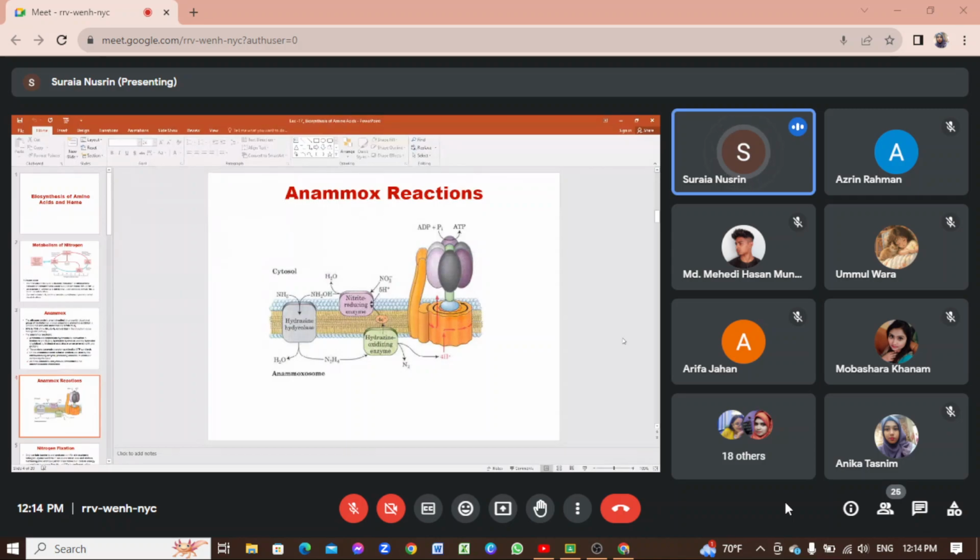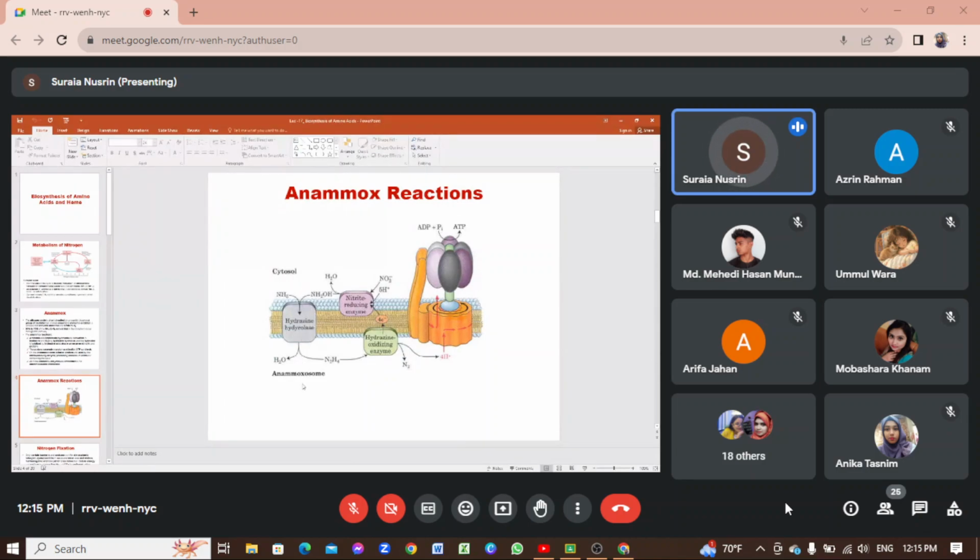If you look at the reaction, that is the anammox bacterial reaction, and their membrane is called the anammoxosome membrane. Within that membrane, the pathway is occurring. If you look at this, the cytosol, and this is the membrane, which is also two layers, and within the membrane all the enzymes are present. At first, in the cytosol of the bacteria, there are the ammonia and the ammonium hydroxide.